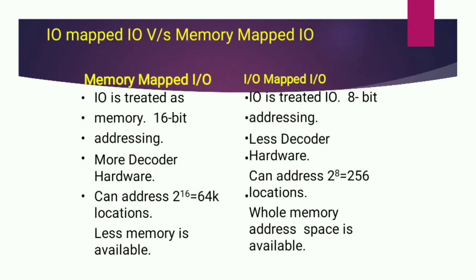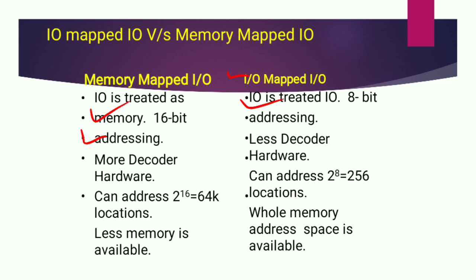Here is the differentiation between memory mapped IO and IO mapped IO. In memory mapped IO, IO devices are mapped into the memory space. In IO mapped IO, IO devices are mapped into the IO space. In memory mapped IO, IO addresses are as big as memory addresses.